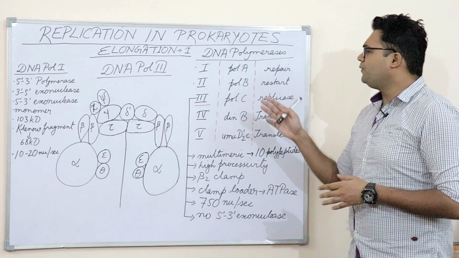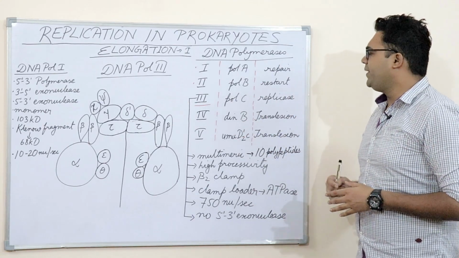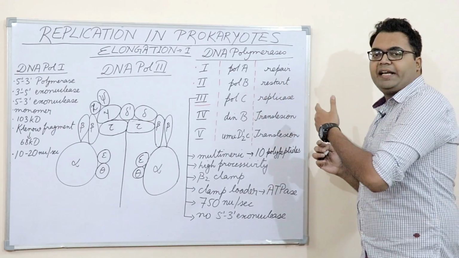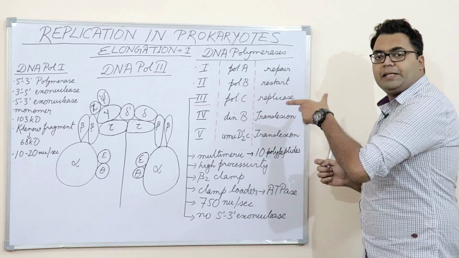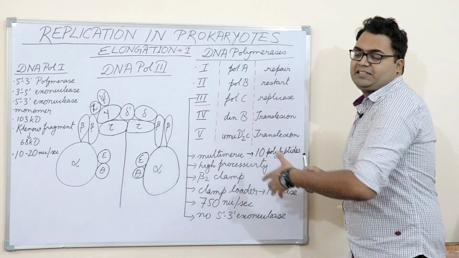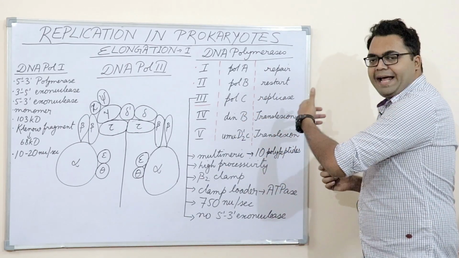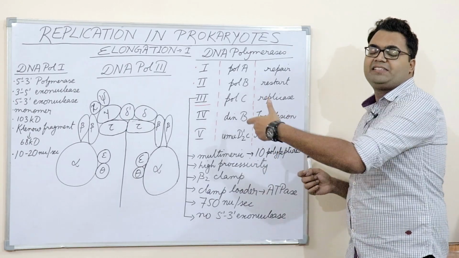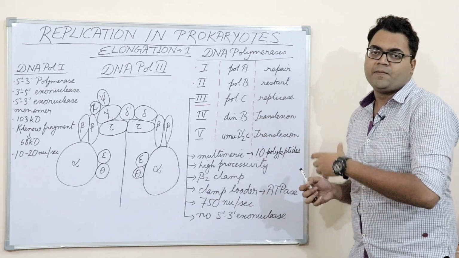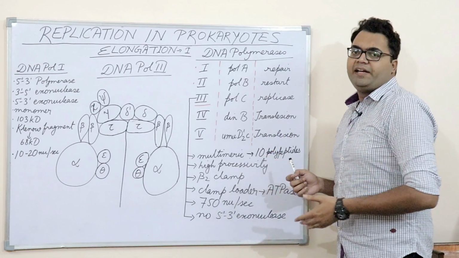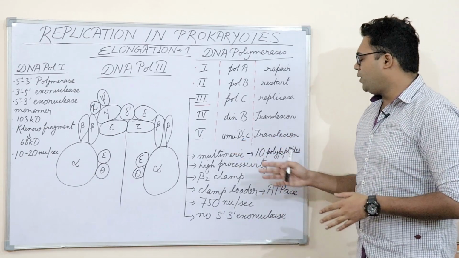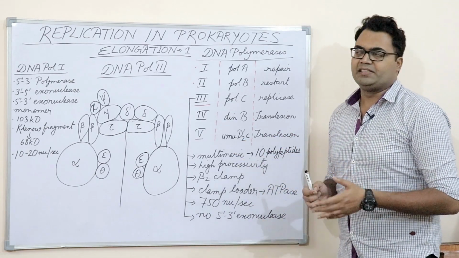The main function of DNA Pol1 is in DNA repair, Pol2 is in DNA replication restart, Pol3 is the major DNA replicase. I'll just show you how. Pol4 is involved in translesion or nick translation processes, which I'll deal with at length in my later videos. And Pol5 is also in the nick translation processes.